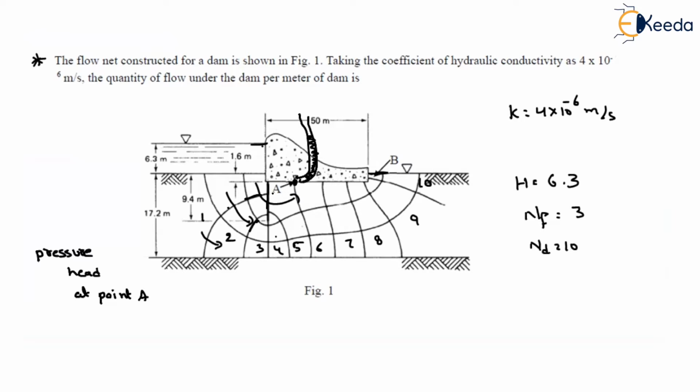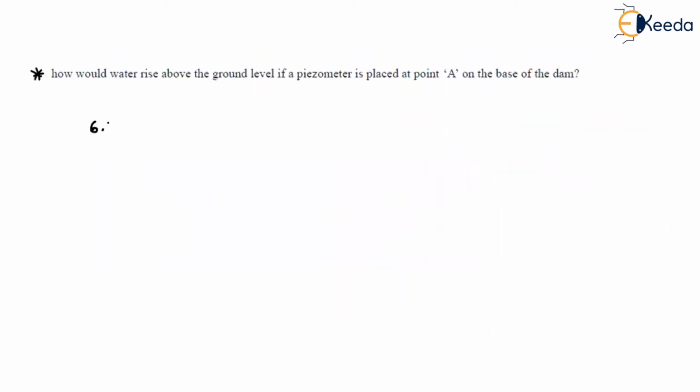Total how many heads are dropped? 3 heads are dropped. Let us see, the point A is here. For point A, let us count how many head drops have happened. If you see here, by this point, 5 head drops have happened. What is the total head available? The total head available is 6.3 meter. For the 6.3 head available, how many drops are there? 10 equipotential drops are there.